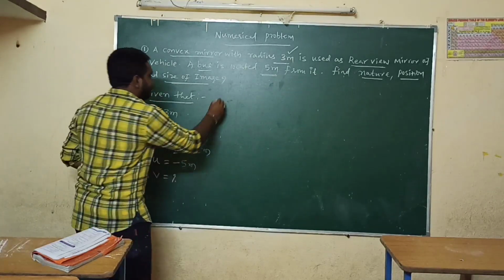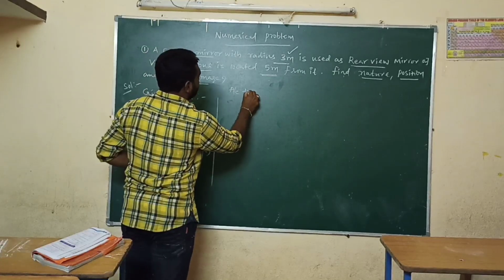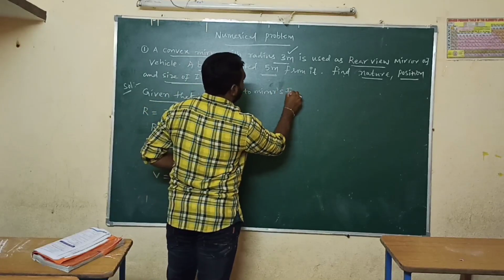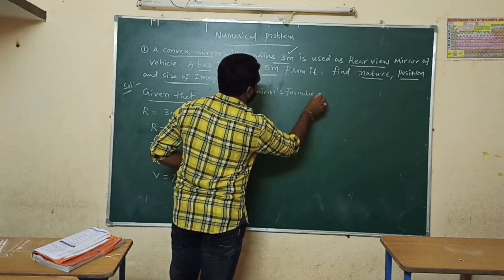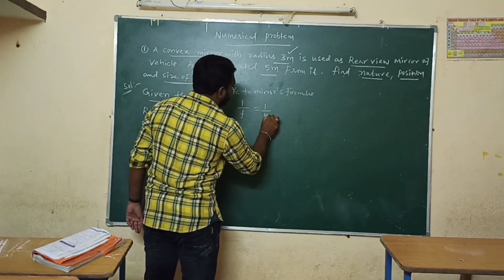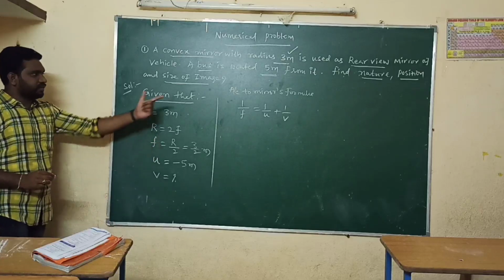From the mirror formula, 1 by f equal to 1 by u plus 1 by v. Now I am going to substitute these two values in this equation.